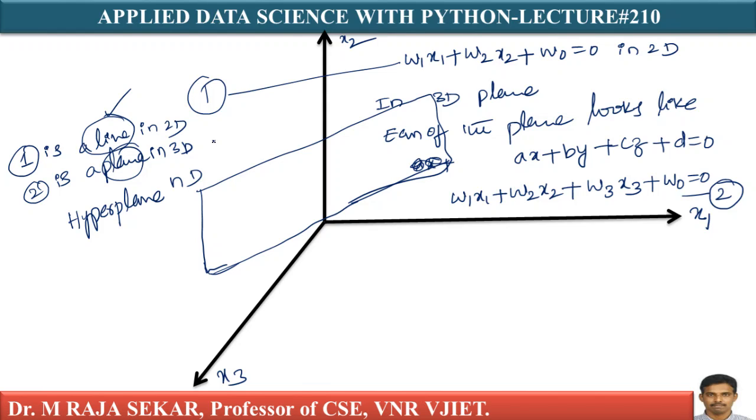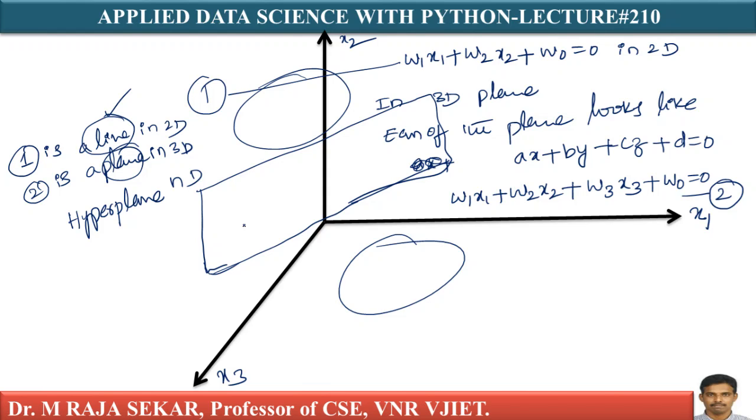A plane can separate your 3D volume into 2 regions, one above the plane and another below the plane. You may have some points above the plane, and some below the plane. A plane can be used to separate the points in 3 dimensions, whereas a line can be used to separate the points in 2 dimensions. So the immediate question is, what is the equation of a plane in n dimensions?